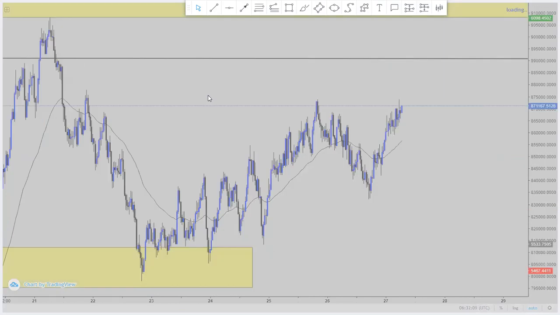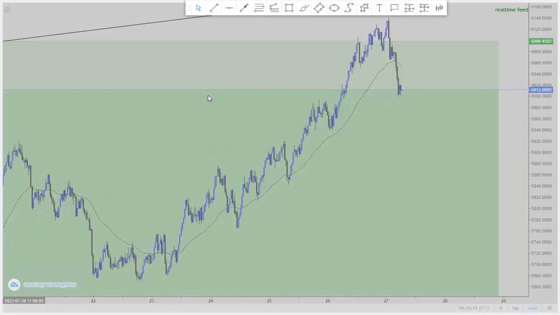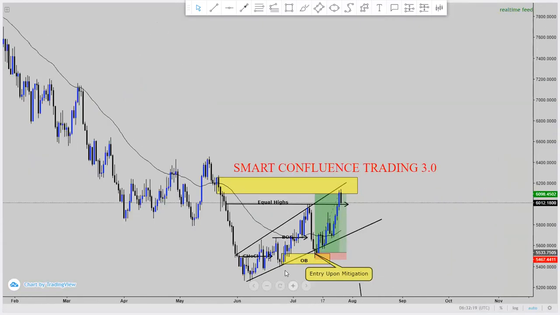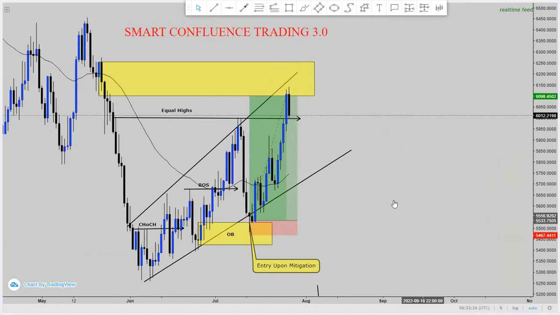Oh, there they are. We actually had an analysis. We analyzed it using some of the concepts in Smart Confluence 3.0.